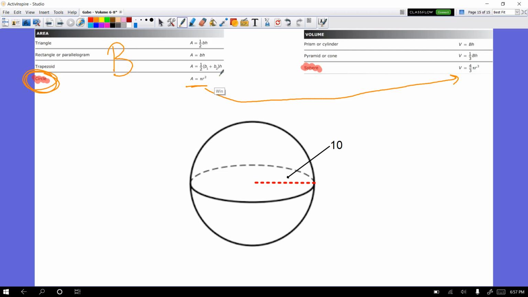Think about this. This was for 2 dimensions, x and y, okay? This is for 3 dimensions. Whenever we're cubing dimensions, we're talking about a 3D figure. You're going to do the same thing with a cube.